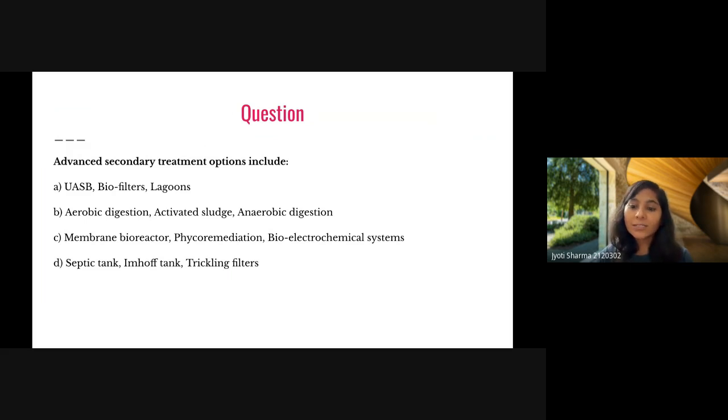So yes, C answer is the right one. These are very advanced secondary treatment options: membrane bioreactor, remediation, and bioelectrochemical system. So C is the right answer.